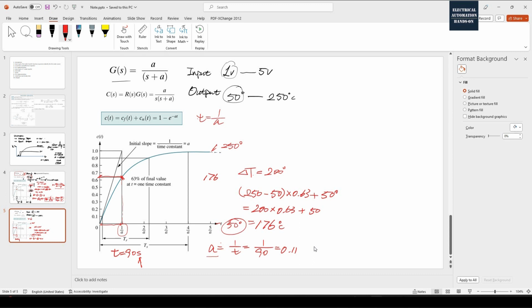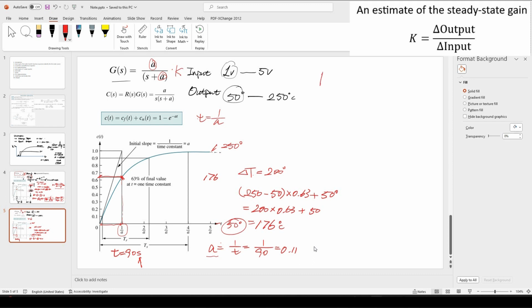And once we get this a parameter, the very important parameter of the first order system, then we need to calculate the K, the gain of this transfer function. So again, this time the gain will equal the difference of the output over the difference of the input. The output difference is 250 minus 50. So this time it is not starting from 0.